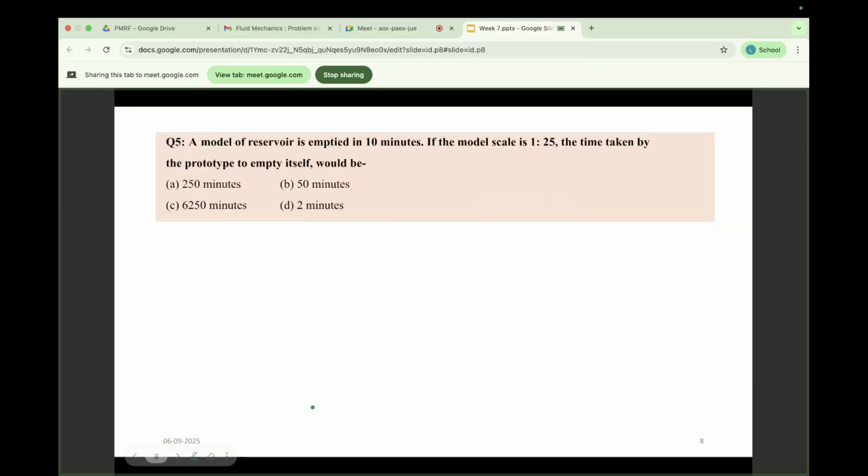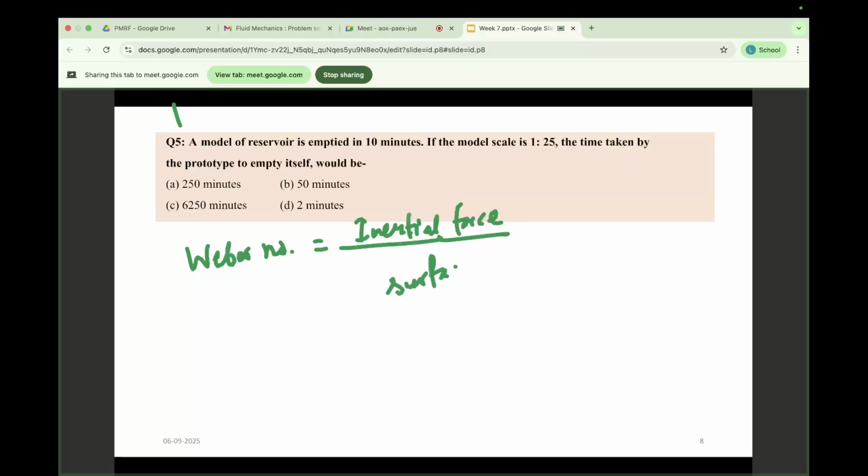Okay, now I am moving to this last number, and that is the Weber number. So this Weber number is basically the inertial force by surface tension force.